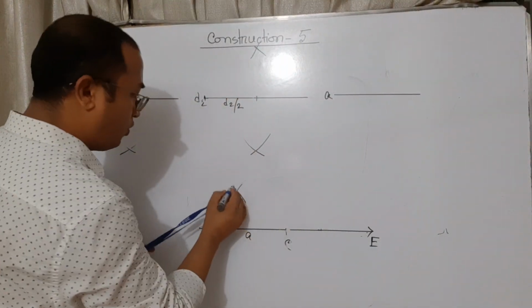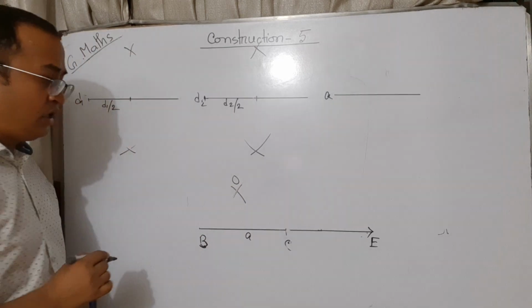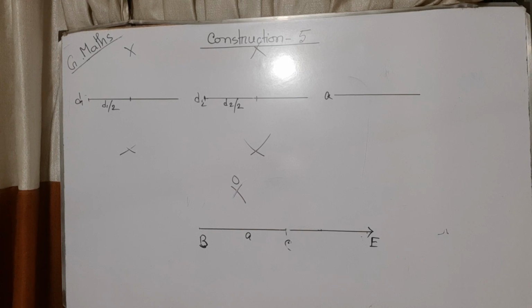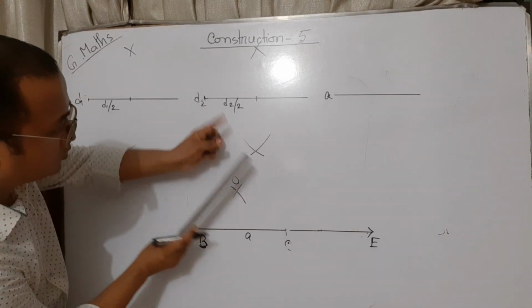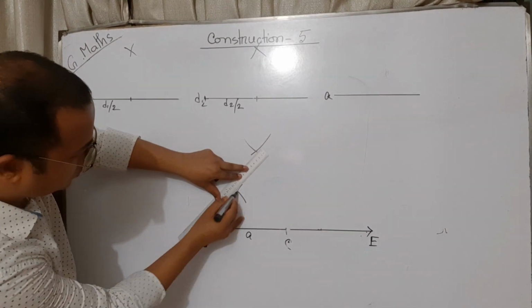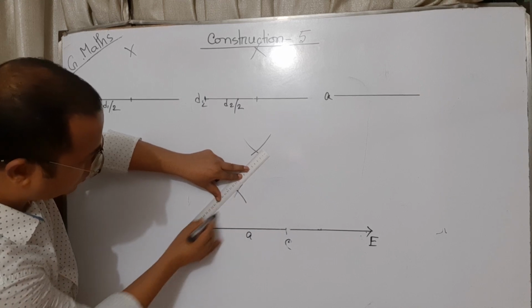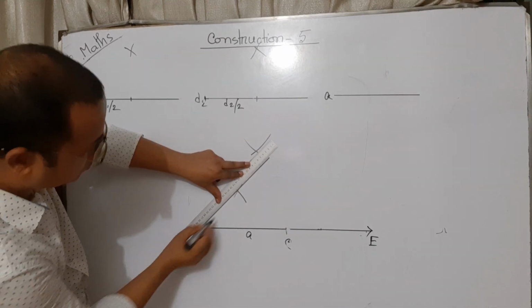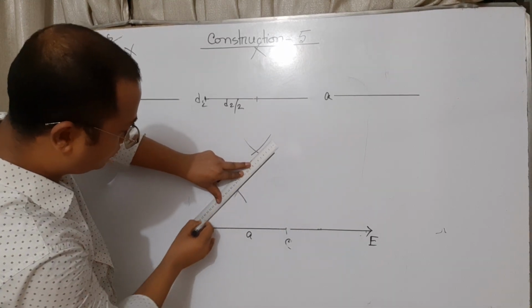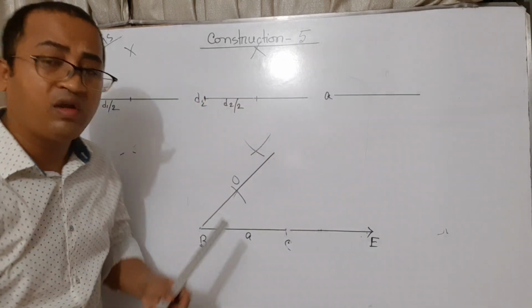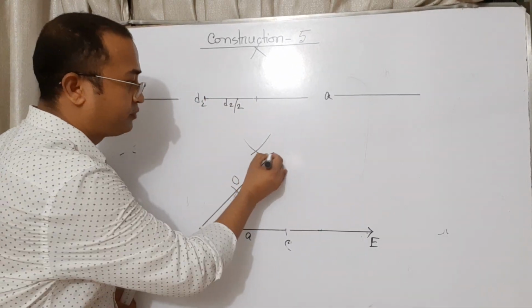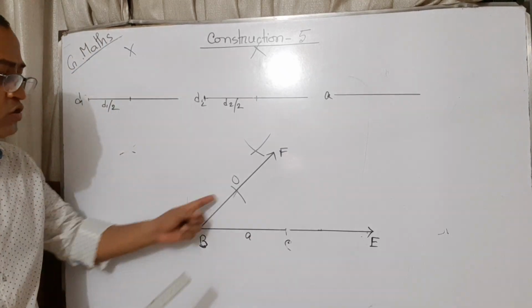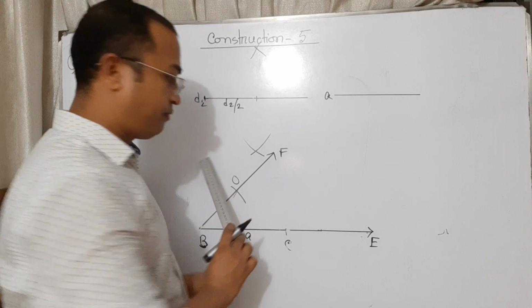Say this is O. Now join BO and CO. Join BO and extend it up to F. Again, join OC and extend it up to G.